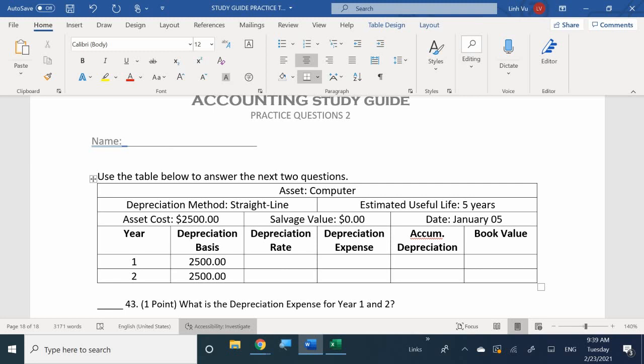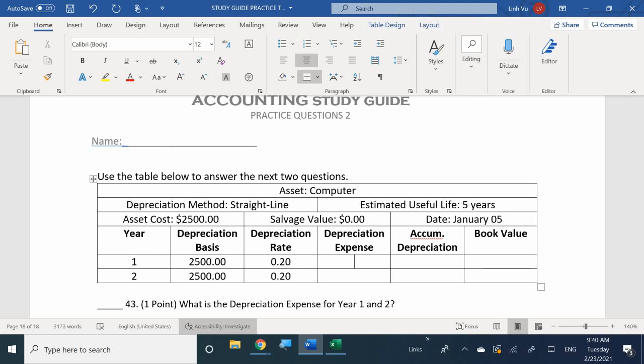So in this case, it's 1 over 5. A fifth of the year is also known as, do you say 40 or 20%? No, it's not 0.4. This isn't double declining. This is straight line. Yeah, 1/5 is 20%. It's only 20%.